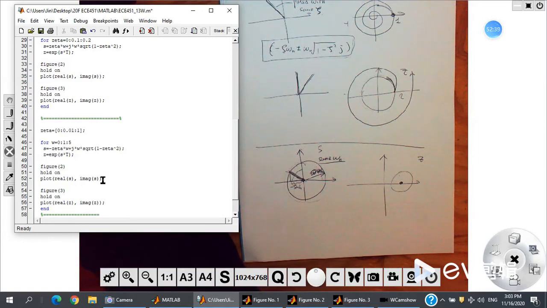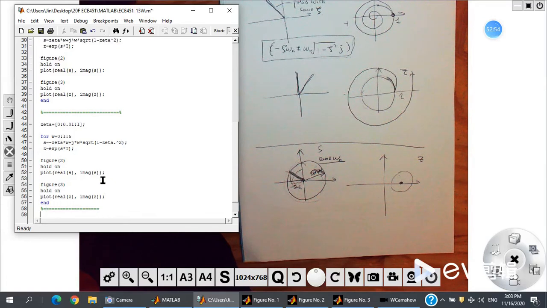Zeta is now not a fixed number. I need a dot on it, because zeta is a vector, and all the rest will be fine. S and Z are still okay. All the rest are the same.